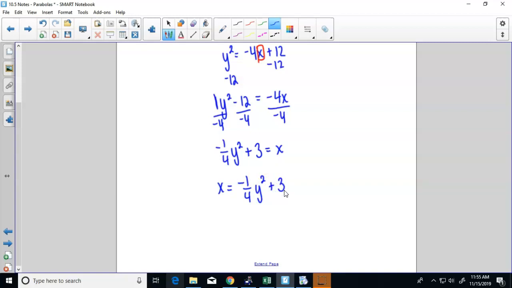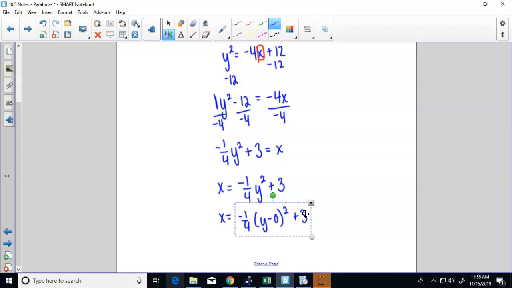Now there are times you would have to continue. But this is in vertex form because there is no y anywhere that you need to complete the square for. So if you need to think of it like this, what you really have here is y minus 0 squared plus 3.